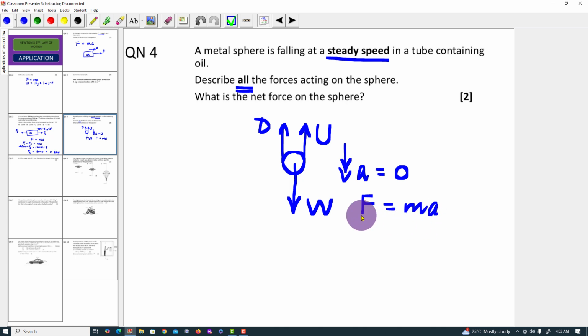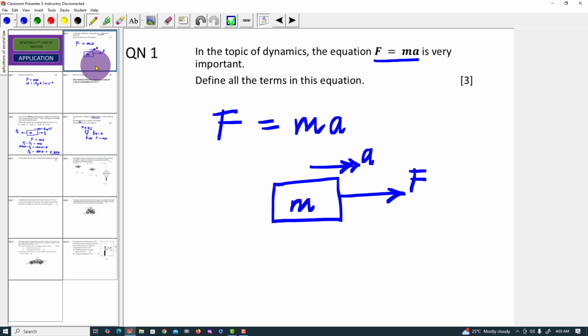That is why I said from the first question here, being able to understand what F is very important. It is not just any force which is acting on the object. It is the resultant force which is acting on the object. It is the sum of the forces which is acting on the object. It is that single force which represents all the forces which are acting on the object.